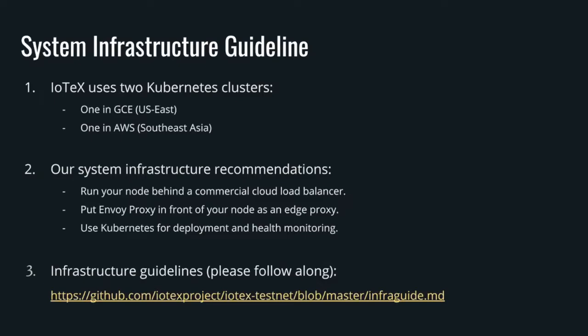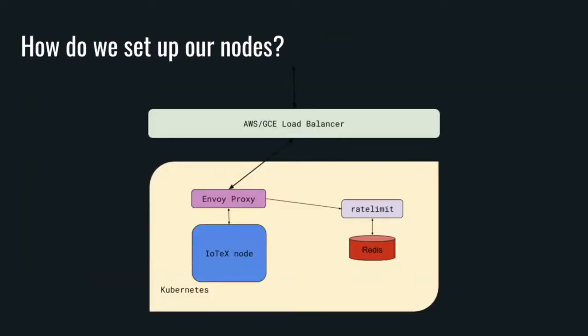We also use, probably it's better to go to the next slide. Since we are using Kubernetes in AWS and GCE, in GCE it's called GKE, and in AWS it's called EKS.